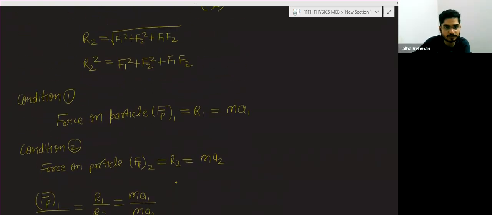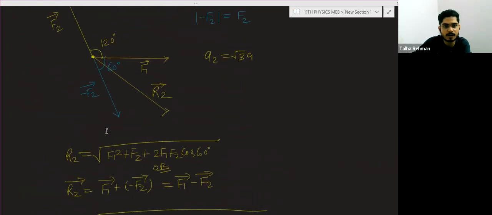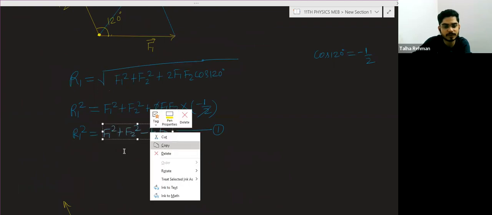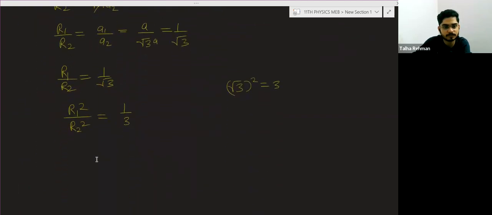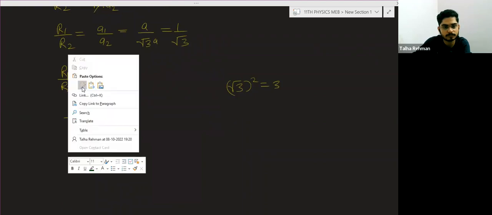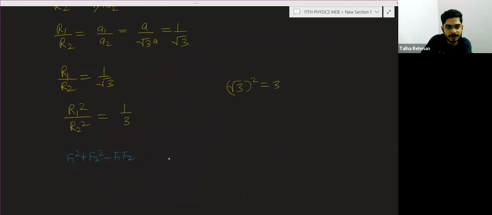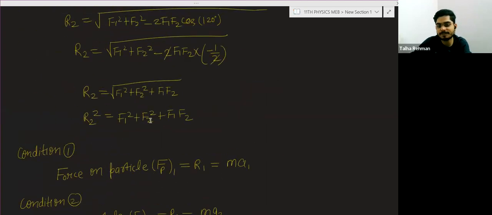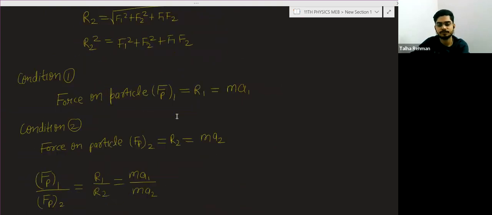Put the value of R1 square, and divided by R2 square, the value of R2 square is F1 square plus F2 square plus F1 F2. This will be equal to 1 by 3.